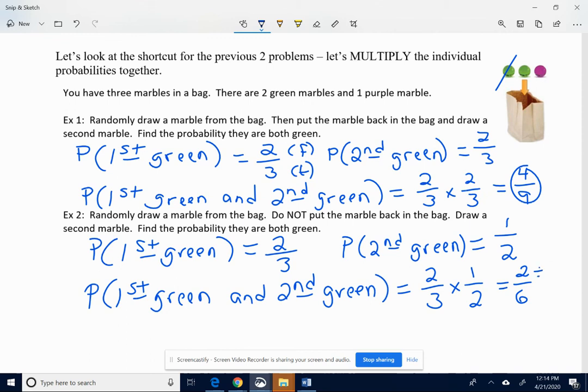Now that can be reduced to 1/3. And that is the probability we got the first time with the sample space. So the shortcut: if you have one event followed by a second event, just take the individual probabilities and multiply them together.